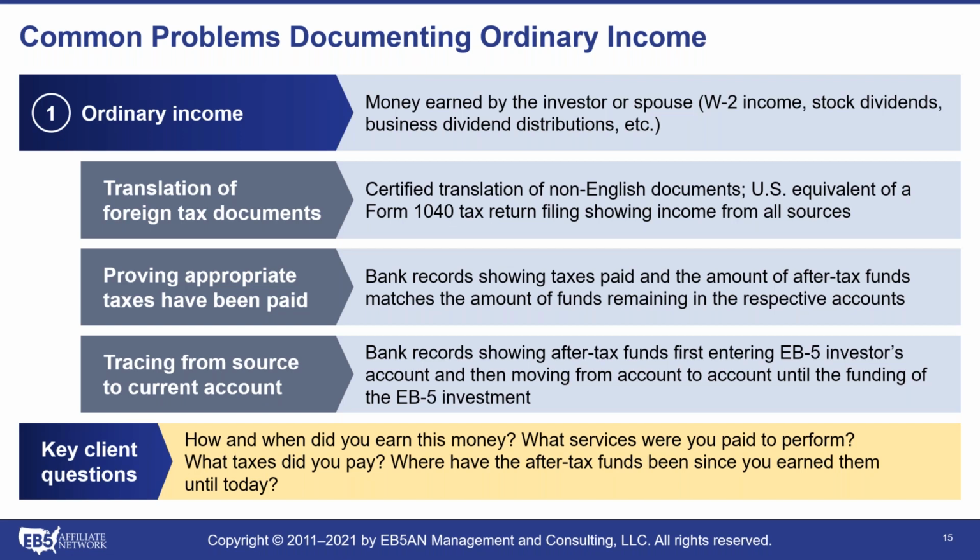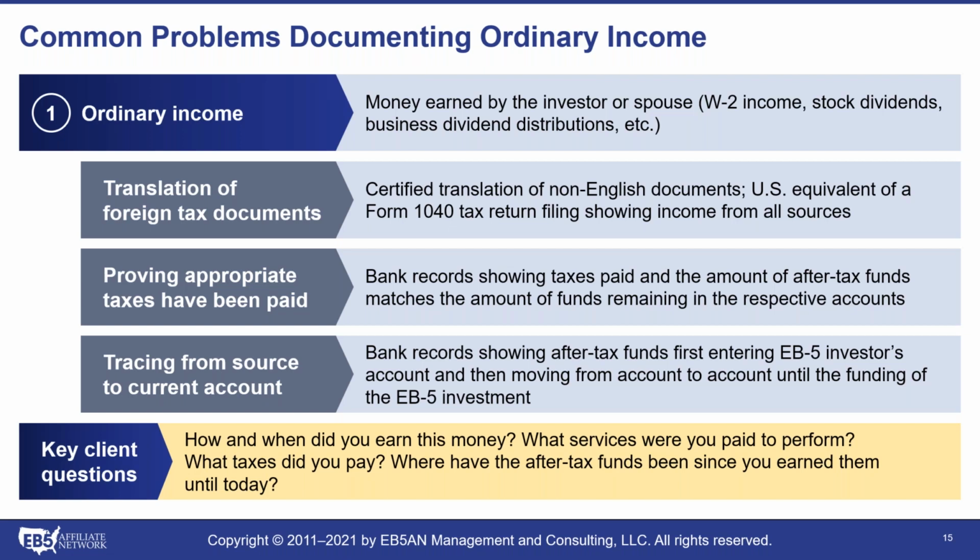the EB-5 regulations are pretty vague about what you need to submit when it comes to source of funds. They talk about foreign business registration records or personal tax returns. And while it doesn't really seem too overwhelming, in practice, USCIS requires a substantial amount of documentation to prove lawful source of funds.